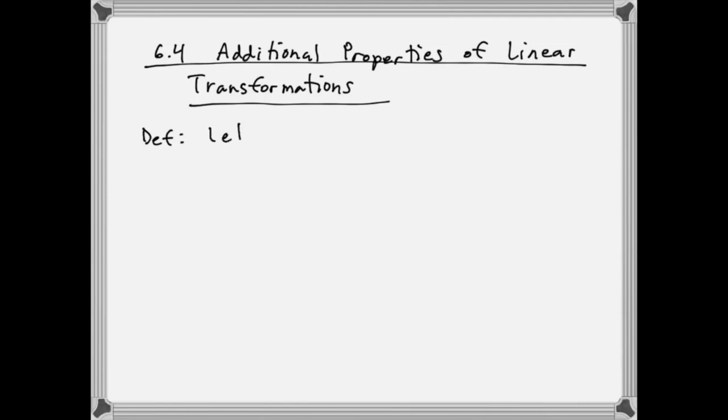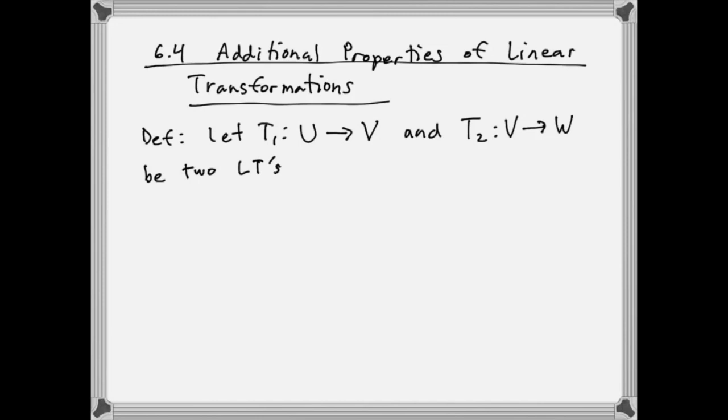So let T1 be a linear map or a linear transformation that goes from U to V, and T2 go from V to W. So suppose these are two linear transformations.